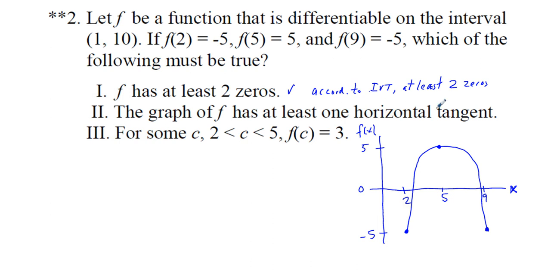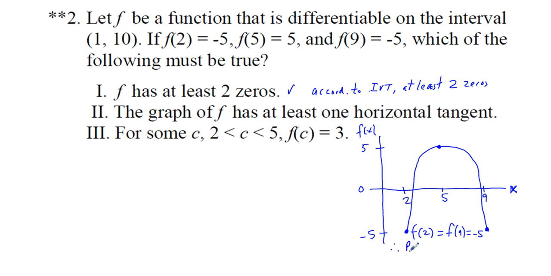2, the graph of f has at least one horizontal tangent. Well, we have f of 2 is equal to f of 9, which equals negative 5.